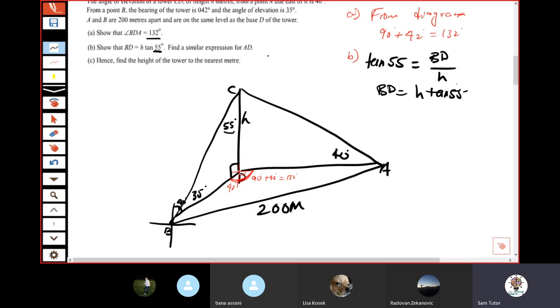It says find the similar expression for AD. For AD, again, I'm assuming this will be 90 degrees. That means this becomes 50 degrees. You just do the same thing again. Tan 50 equals opposite over adjacent. AD equals H tan 50.